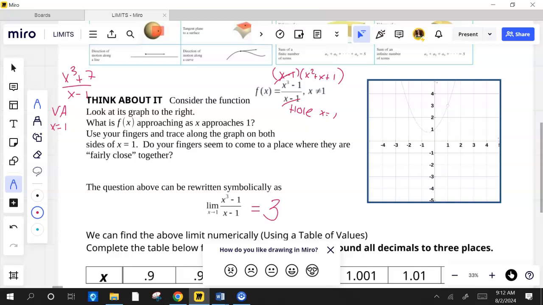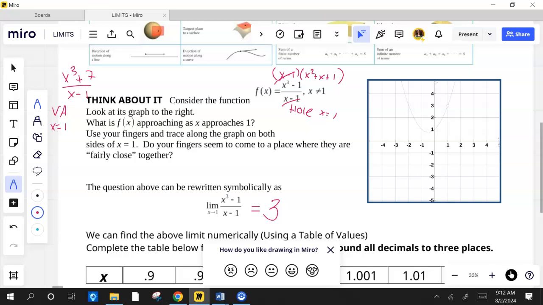Read estimating limit value from a graph.